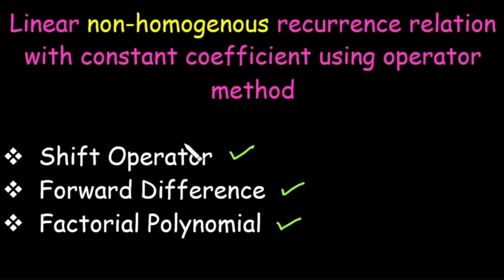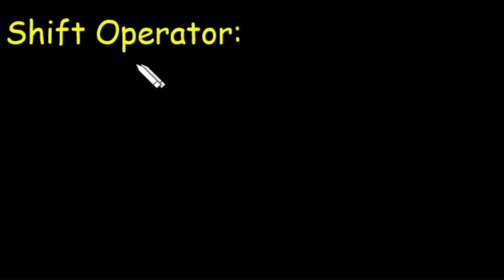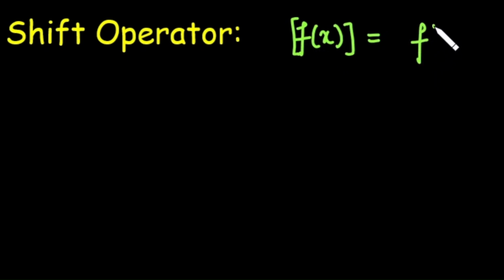Let's move towards the first operator, that is the shift operator. As the name suggests, shift means it is going to shift something. When we use a shift operator on any function, it shifts that function by some steps. Means if I apply a shift operator on a function f that depends upon x, then it will shift the function by some step, that is x plus h.